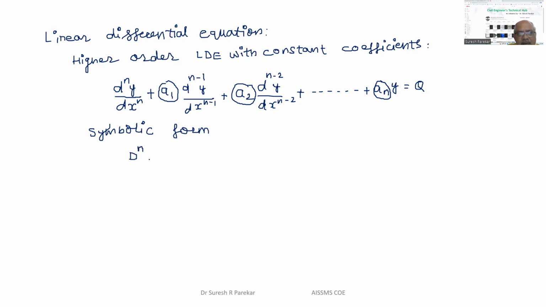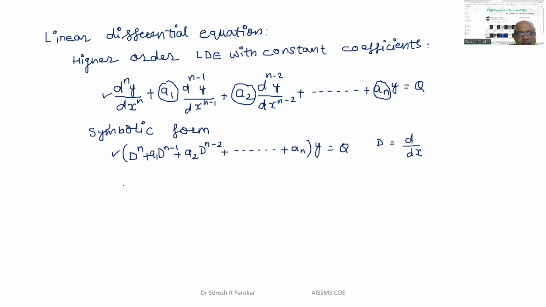So we have D to the power n plus a1 D to the power n minus 1, plus a2 D to the power n minus 2, plus dash dash dash plus an, and then we have into y, and that is equal to q. And this D, we are going to say as d by dx. And likewise, we can write this linear differential equation in symbolic form.